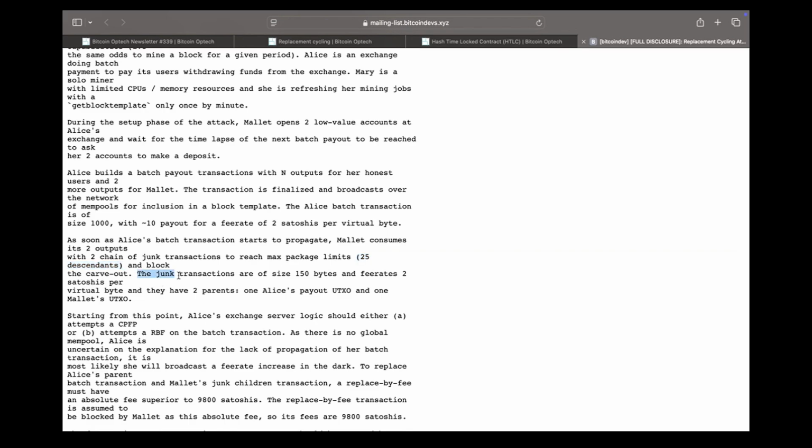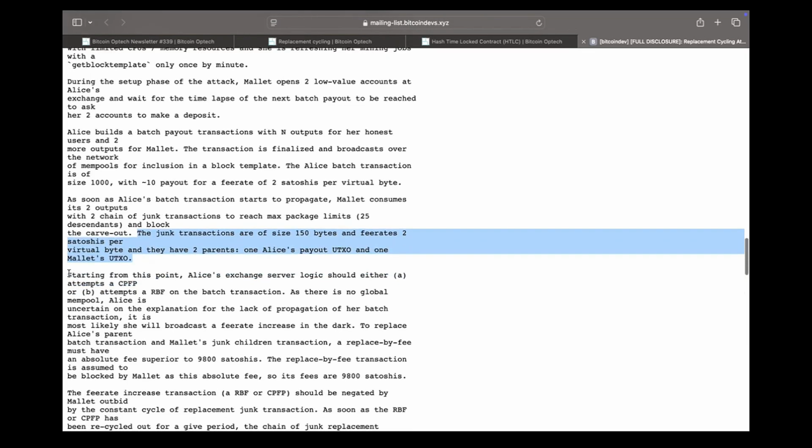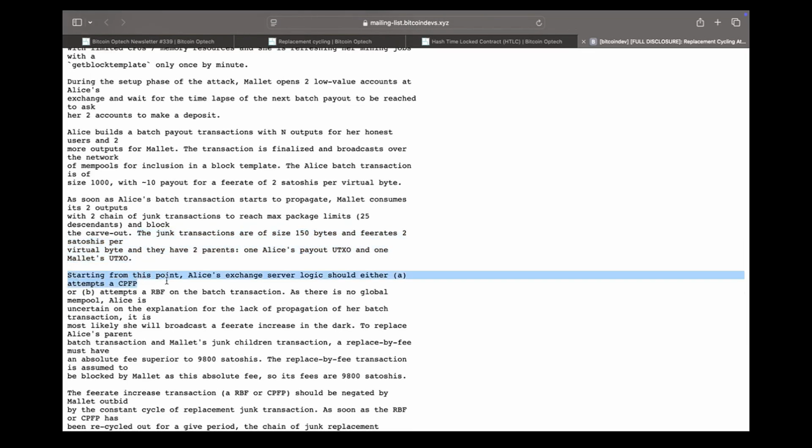So the junk transactions are of size 150 bytes and fee rate of 1 Satoshi per virtual byte. And they have two parents, one Alice's payout UTXO and one Mallory's UTXO. So now what has happened is that Mallory has attached children to that transaction, to Alice's transaction, which are huge in size and are paying a very low fee, right?